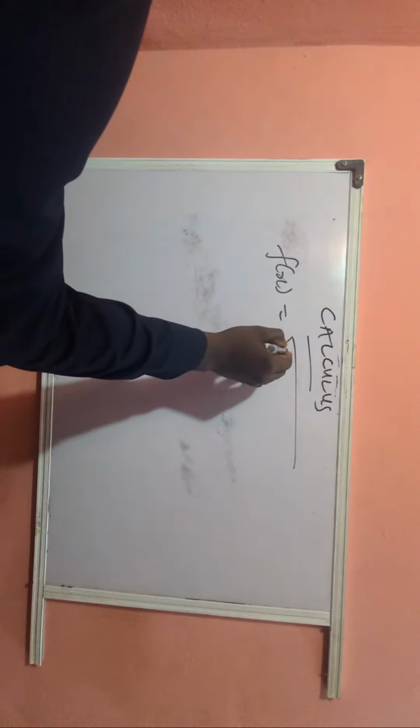Yesterday I gave you something to do, and you were supposed to solve a particular question that asked you to find the domain, and you're given f of x equals the square root of x squared plus 2x minus 15.